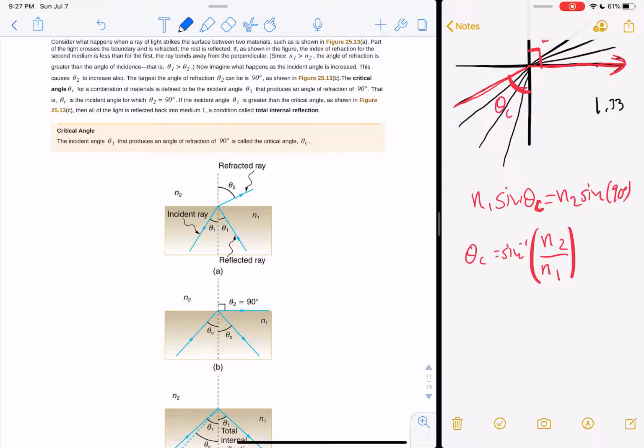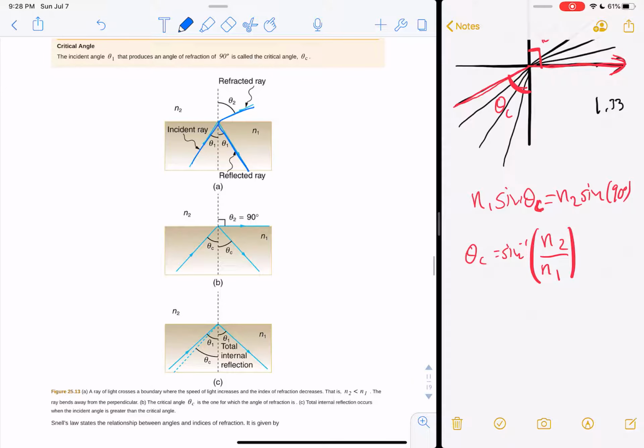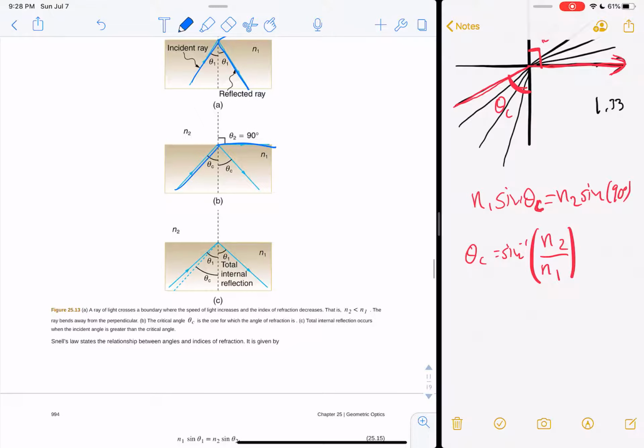So when you go from a higher index to a lower index, so let's say you're in water and you're shooting light out into air, you're always going to have a refracted ray and a reflected ray. Then there's a point where you have your critical angle, where the refracted ray is at 90 degrees. Above that angle, you have what's called total internal reflection, and that is how fiber optic cable works.